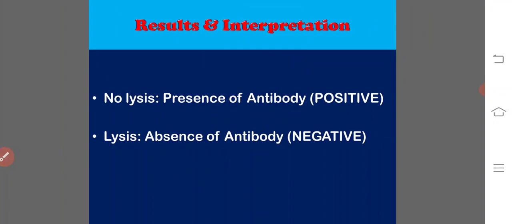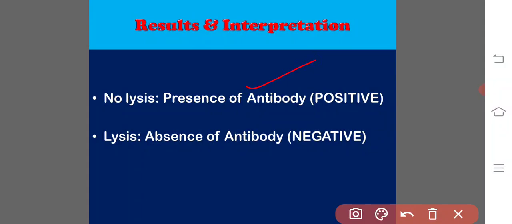If no lysis, that indicates the presence of antibody. That is fixation of complement by immune complexes. When antibody is present, the complement is removed from the solution. As such, the complement is not available to bind the antibody on the cell in the final incubation, and thereby there is no lysis, that indicates the presence of the antibody against a particular antigen.